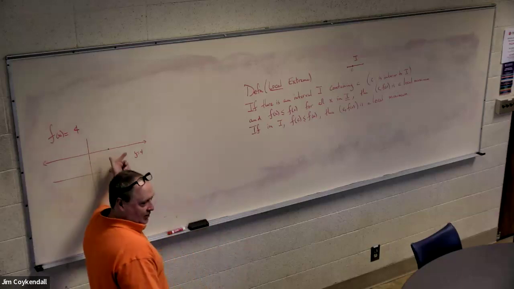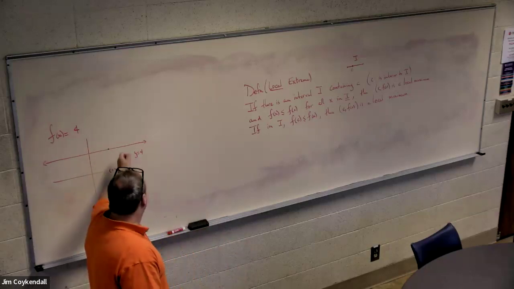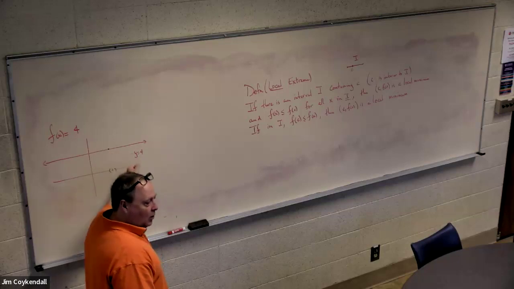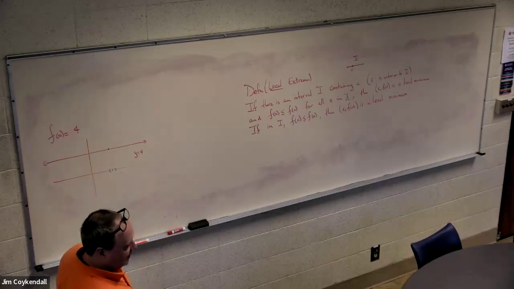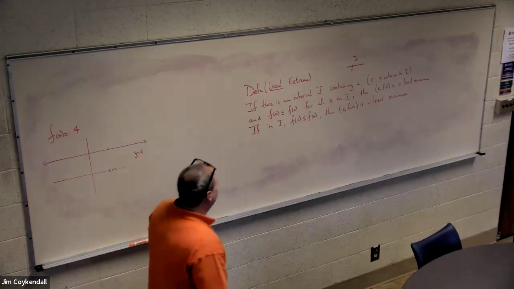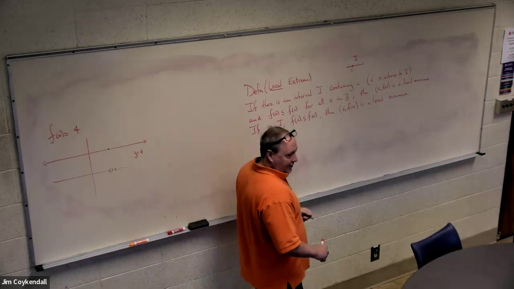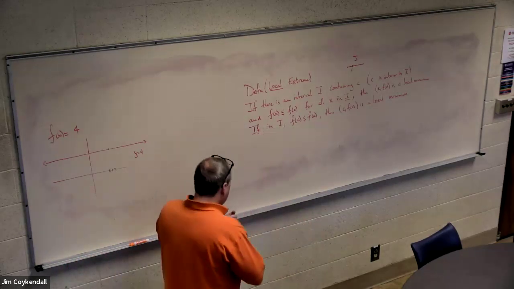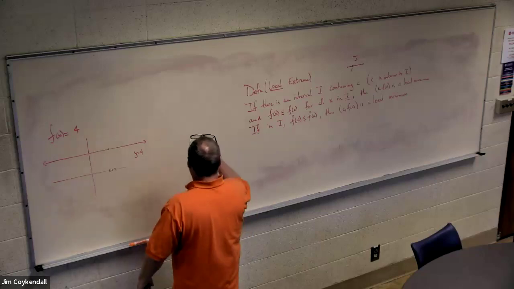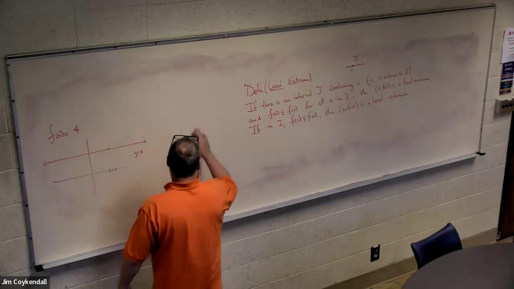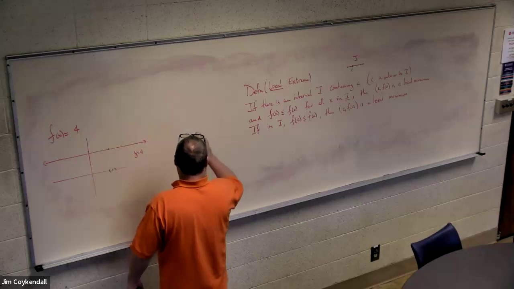Because this is just a really kind of stupid example. It would have been different if I had restricted all this. Let's look at one that's a little bit more interesting than that.